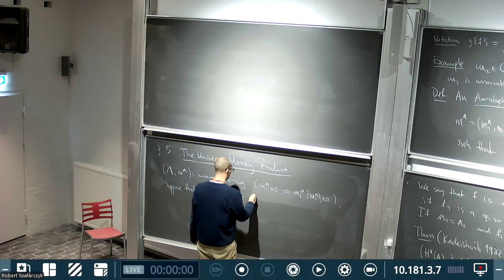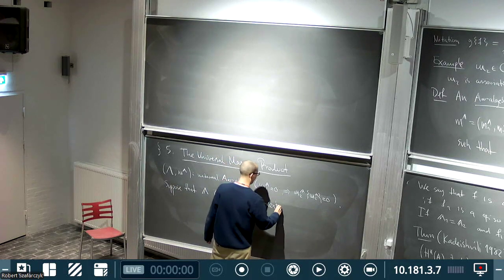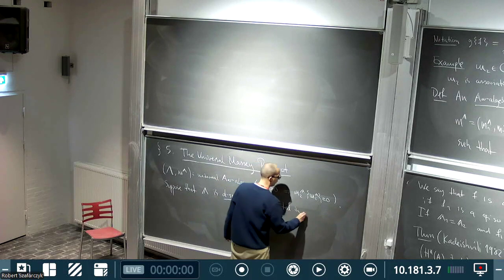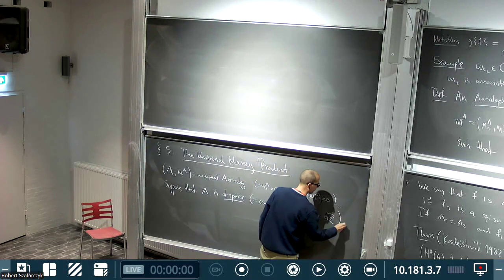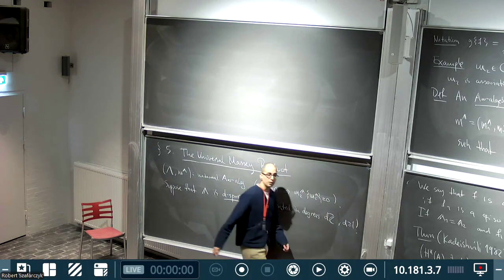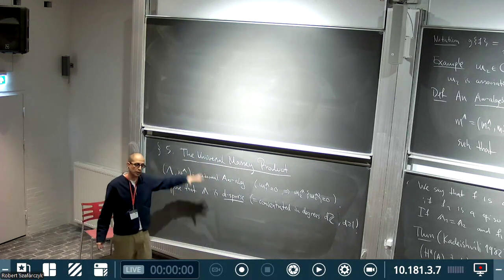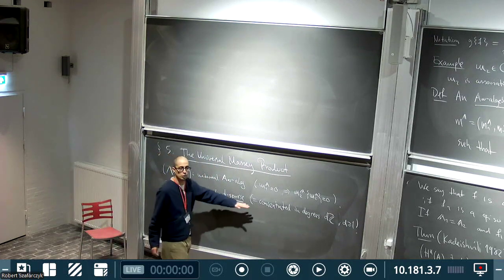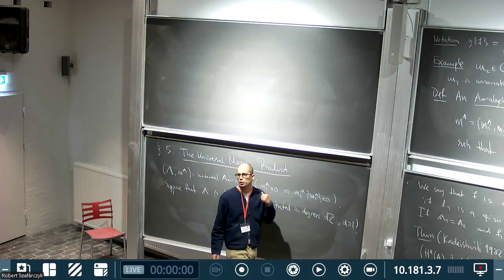That means concentrated in degrees that are multiples of d, with my fixed d bigger or equal to 1. So for d equal to 1, there's no condition. This discussion applies to an arbitrary minimal A infinity algebra for d equal to 1, and to d-sparse ones for larger d. Let's call it the sparsity degree.